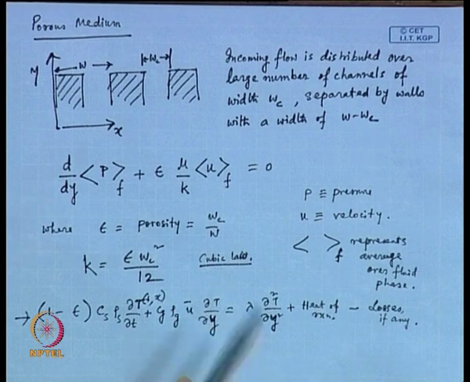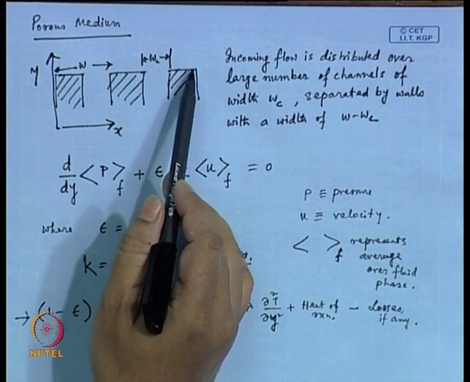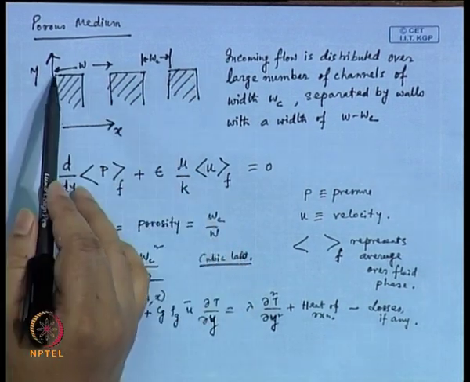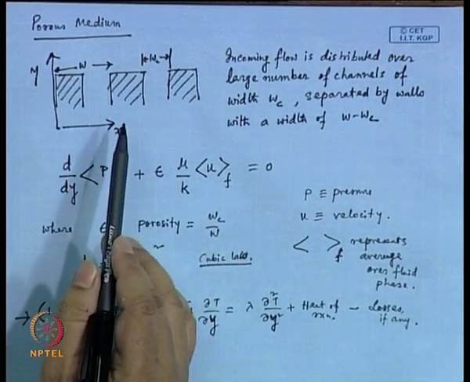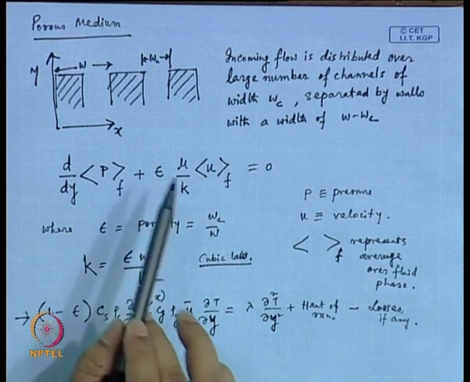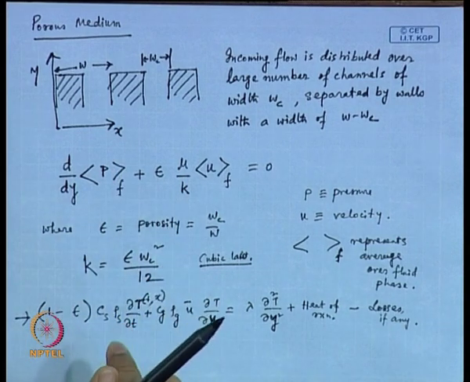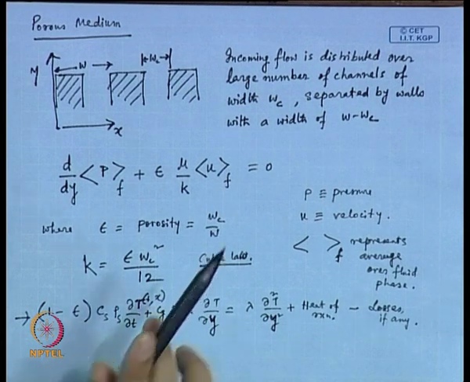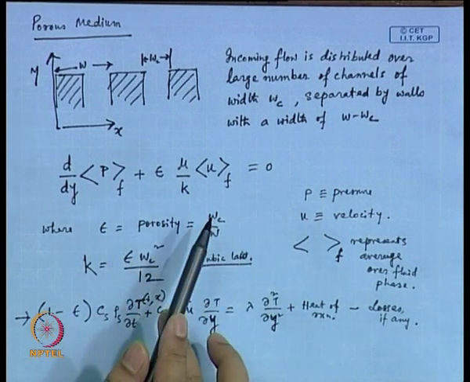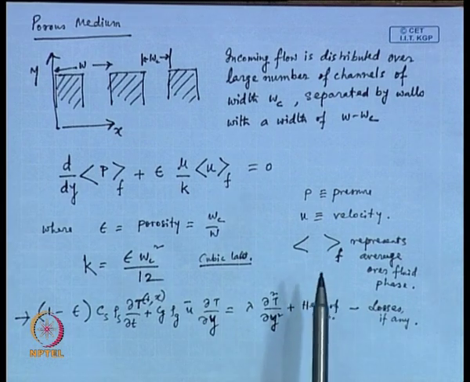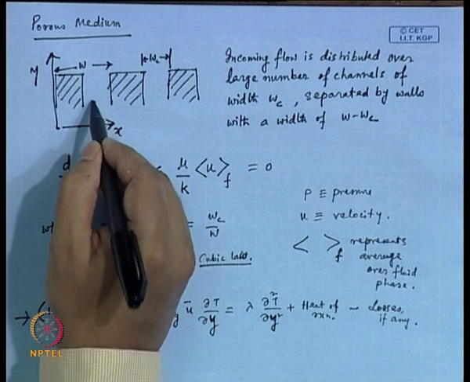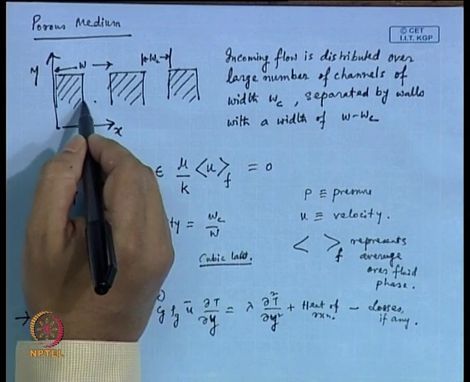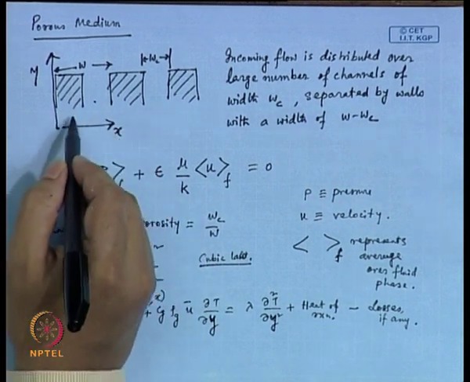However, you are considering only one temperature. How you are treating this medium is as if it is just a homogeneous bed, and there is only one temperature at a point. That means, whether it is fluid temperature or solid temperature, you are assuming that they have equilibrated. A fluid at this point and the solid nearby are all equilibrated.